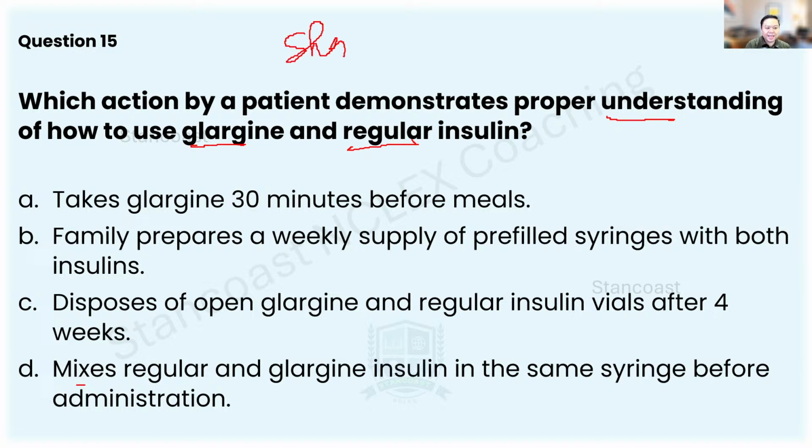Short acting and long acting insulins are actually part of the treatment. So if you answered takes glargine 30 minutes before meals, we know that the glargine is going to take effect for the total 24-hour period, right?